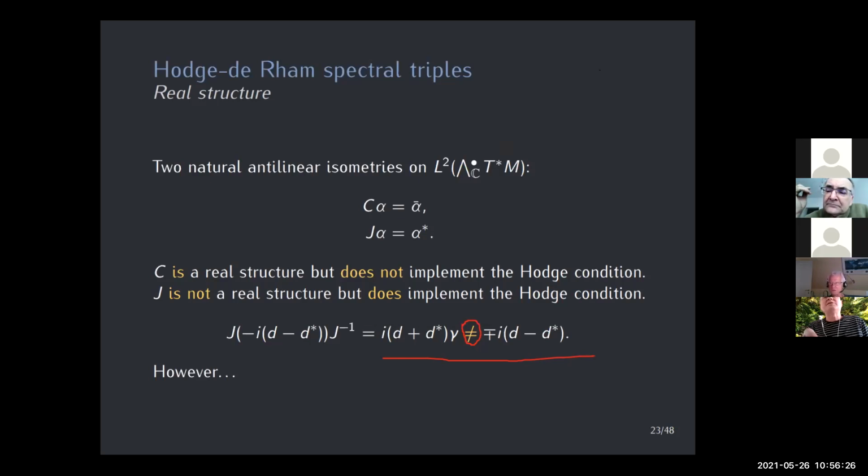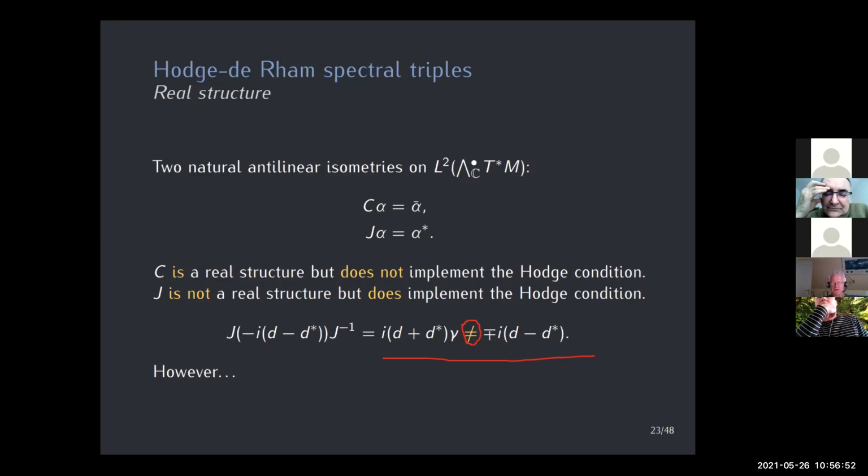No, D is fixed. It comes from the de Rham calculus. As you know, in the de Rham calculus, D plus D star and D minus D star are quite different operators, right? You can make D minus D star self-adjoint by multiplying by a skew self-adjoint constant matrix, since this thing lives in some 2 by 2 matrices.